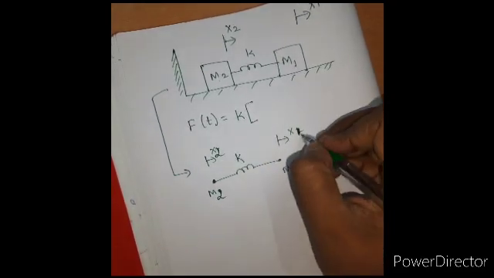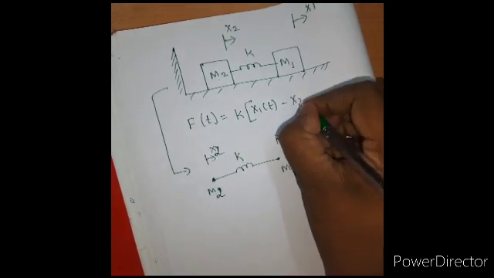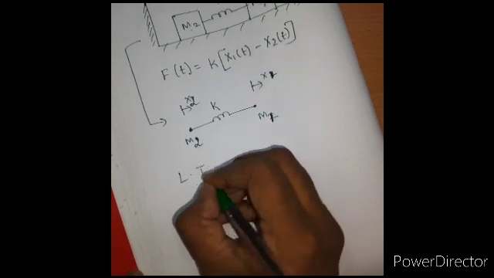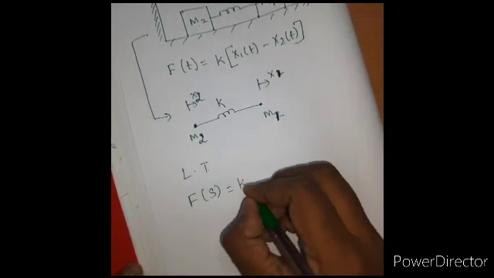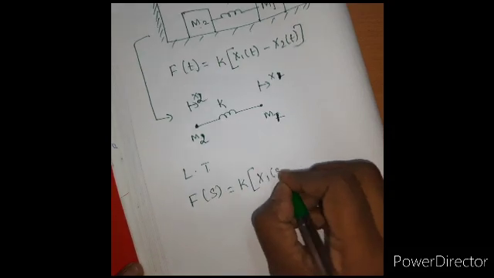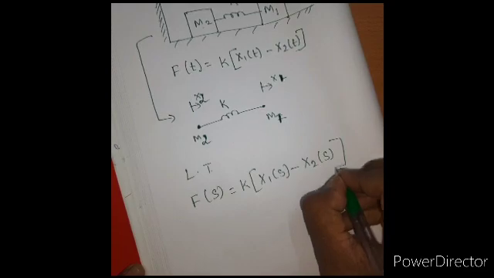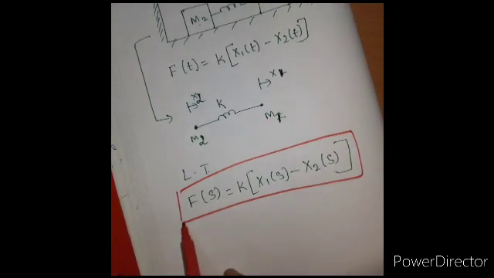Now my expression, which one is coming first? x1 of t minus x2 of t. Now what is the Laplace transform of this? F of s is equal to k into x1 of s minus x2 of s. This is the expression when I am using two masses.